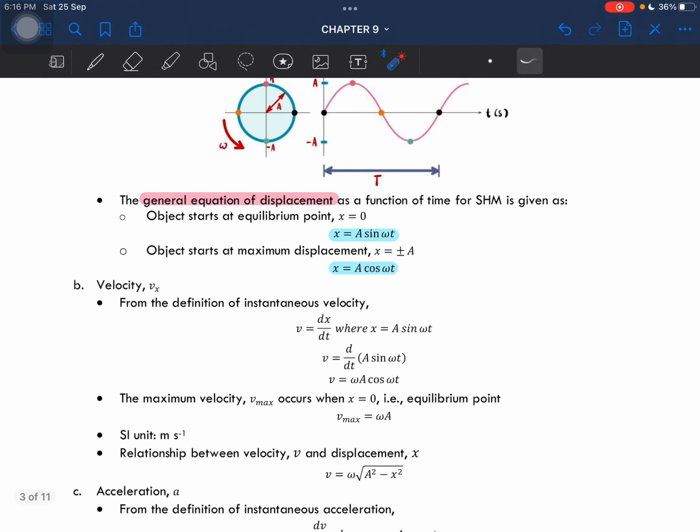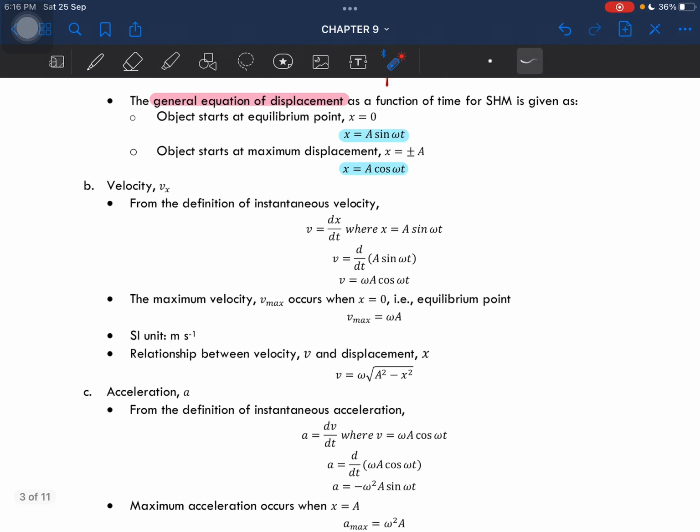Now we go on to velocity. From the definition of instantaneous velocity, we know that the velocity is the rate of change of displacement. We have this equation for displacement, a sine omega t. If we derive this equation, we will get the general equation for velocity. The derivation is just deriving the equation for displacement x to find velocity.